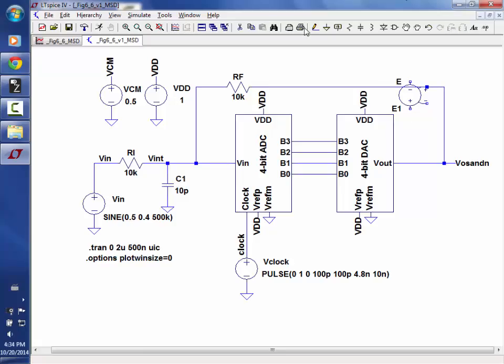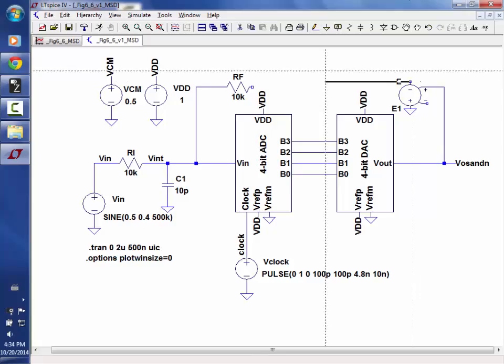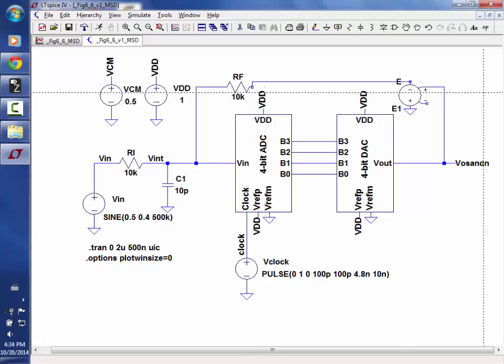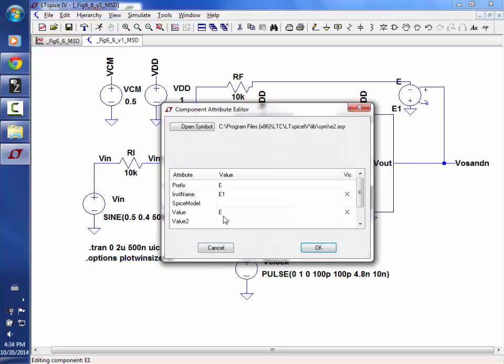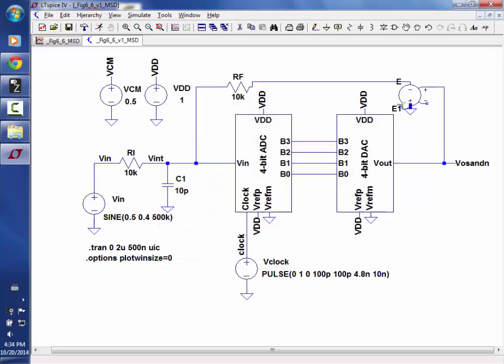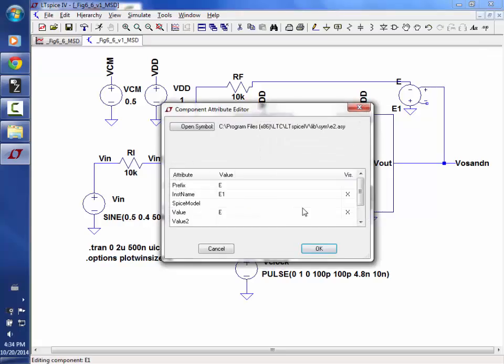Press G. Boom. And value is, let's just do -1 to invert.